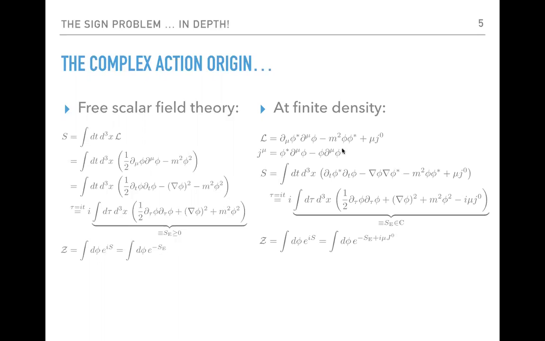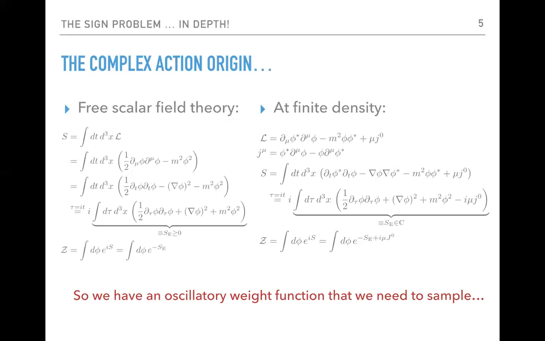But what happens at finite density, if you put some finite chemical potential into the Lagrangian density, and you do the same program and try to do a Wick rotation? What you find is that you get a complex phase multiplying the Euclidean action. A priori, this is a problem, and I will try to explain why. The thing is that we have an oscillatory weight function that one needs to sample.